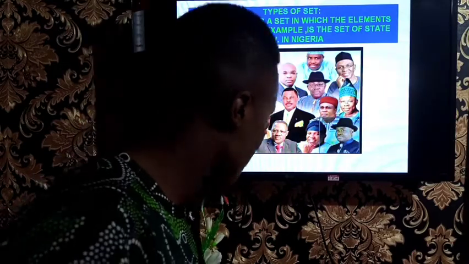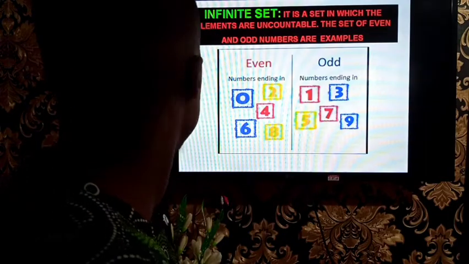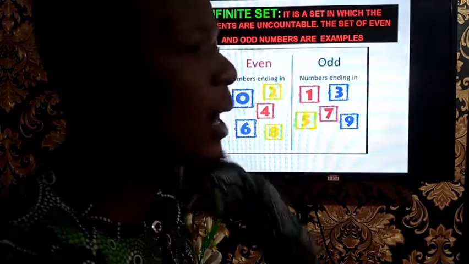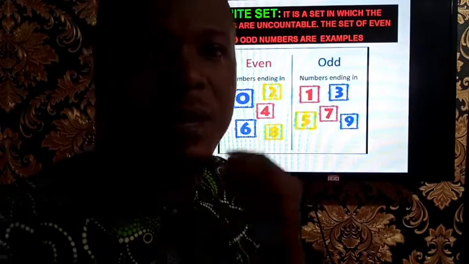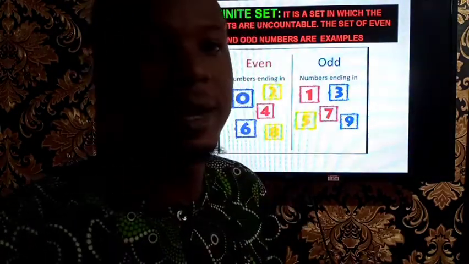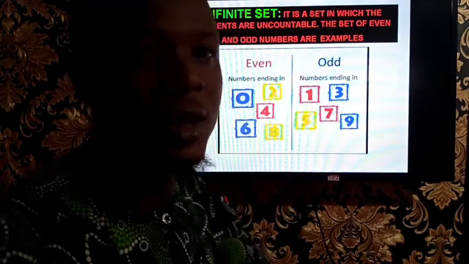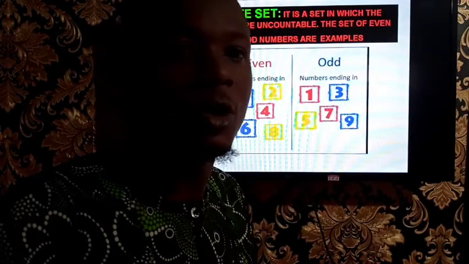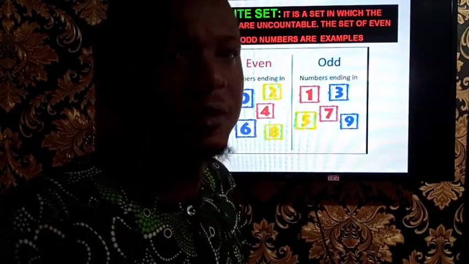Alright? Okay, now we talk about the infinite set. An infinite set is just a kind of set in which the elements are uncountable. When you cannot count the number of elements in a given set, it means that that particular set is infinite. It is just the opposite of finite set. For instance, I have the set of even numbers: 0, 2, 4, 6, 8, 10, etc. No one knows where it ends, so it's infinite.